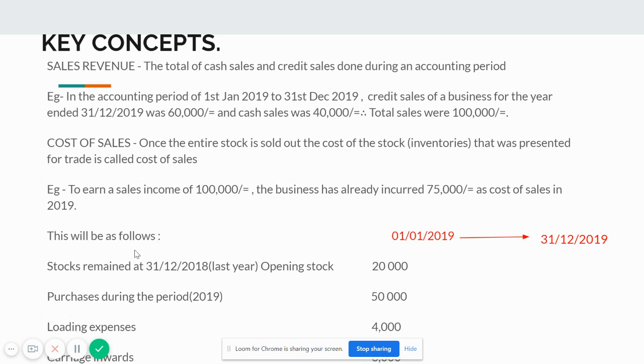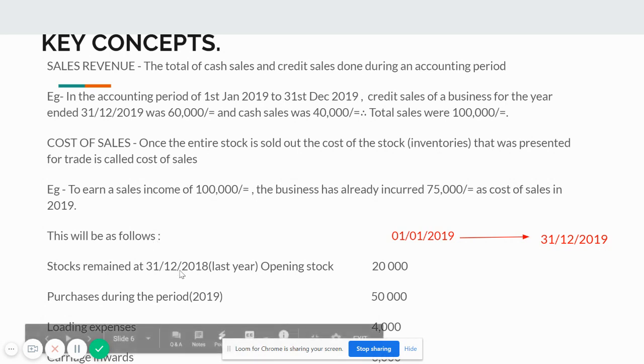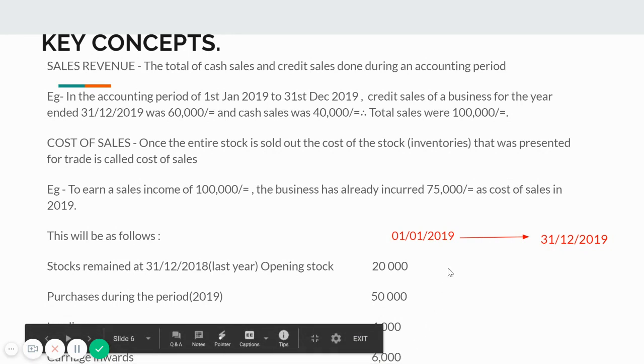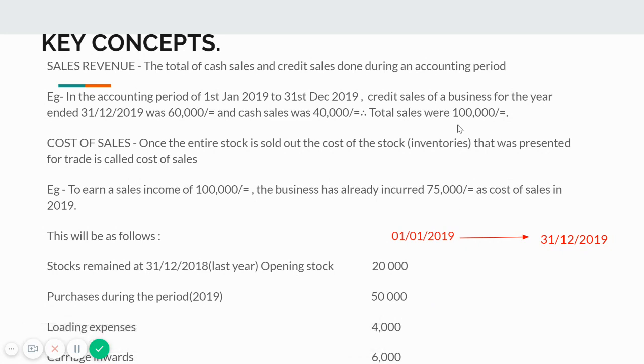And they have already considered the following figures. Stocks remaining at 31st December 2018, which is the last year, as the opening stock, which is 20,000 rupees, and purchases during the period, 50,000, loading expenses of 4,000, and carriage inwards of 6,000.